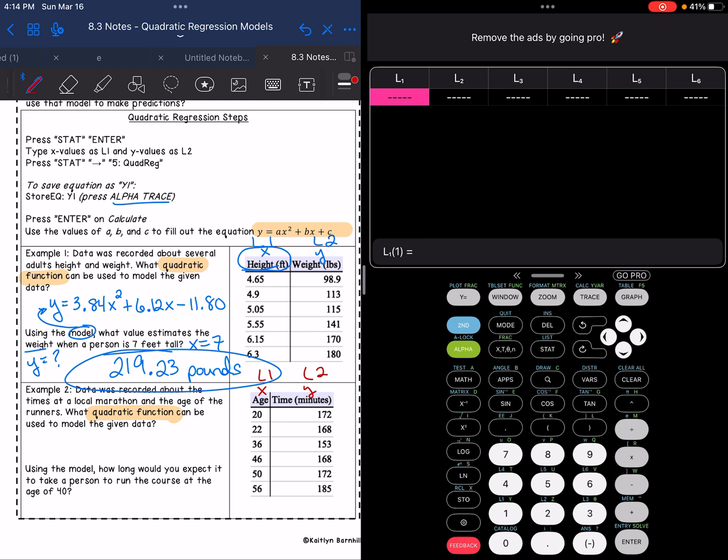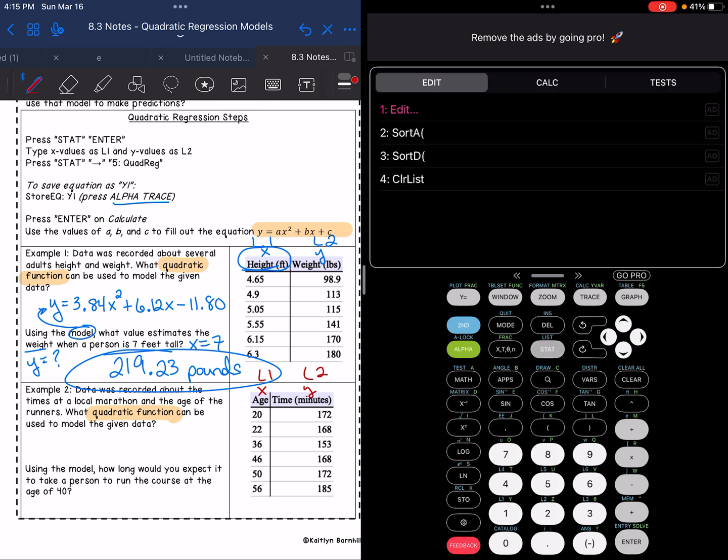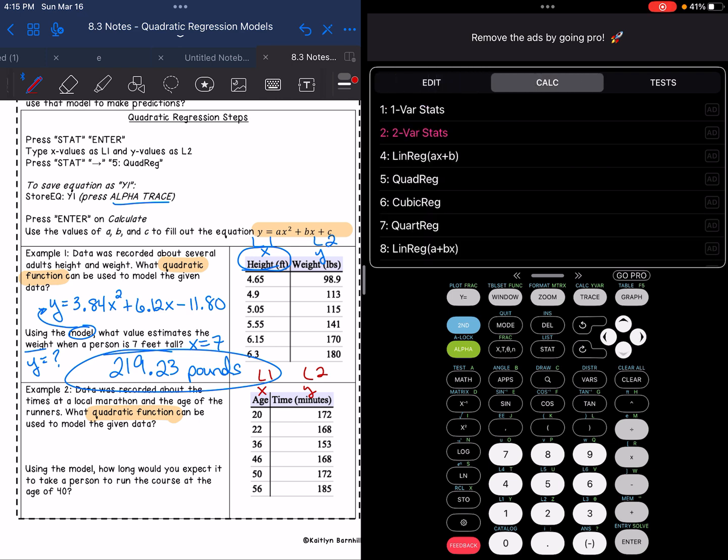And I'm going to type in my new values. 20, 22, 36, 46, 50, 56. Now I'm going to do the same for my y's. 172, 168, 153, 168, 172, 185.